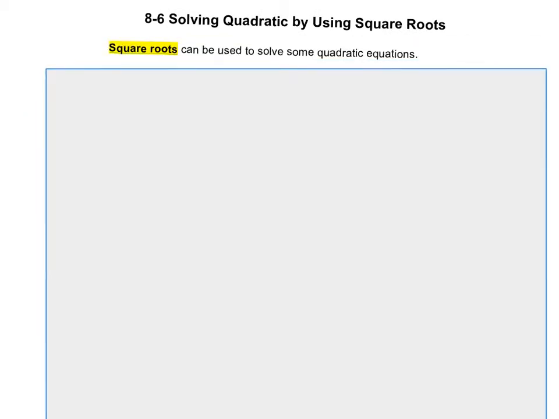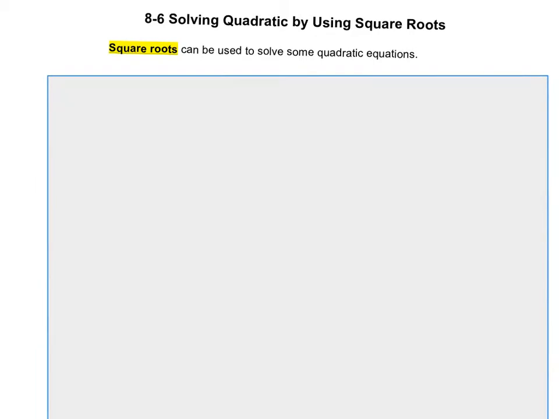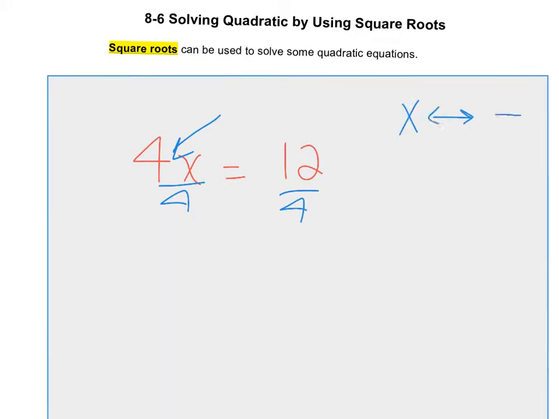A square root is used to solve quadratic equations because it unsquares something. Remember when we had equations such as 4x is equal to 12? The way to solve is to undo what's being done to x, and x is being multiplied, so you divide. Multiplication and division are inverse operations.